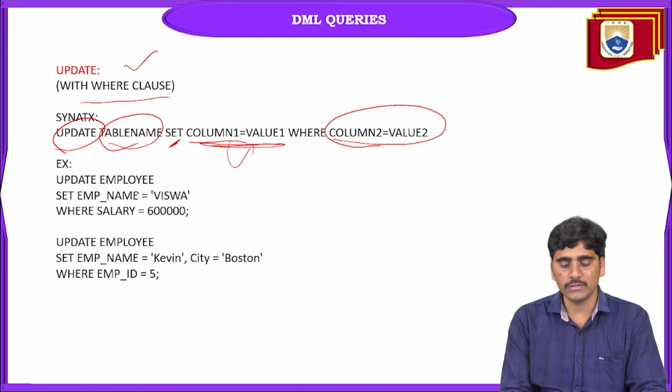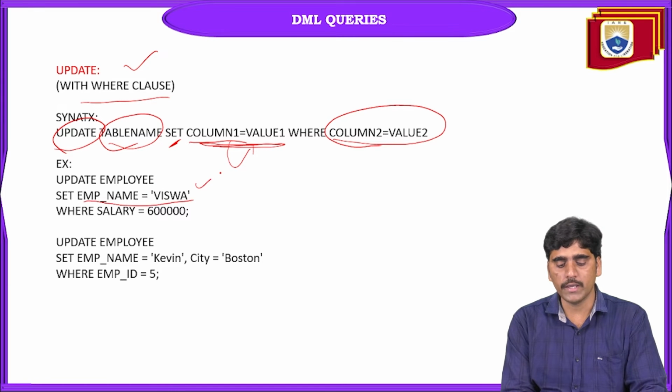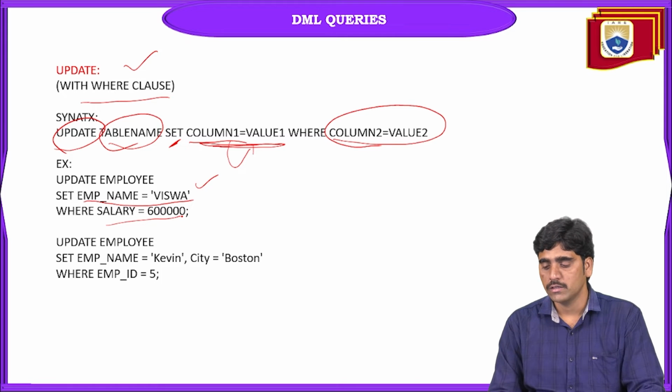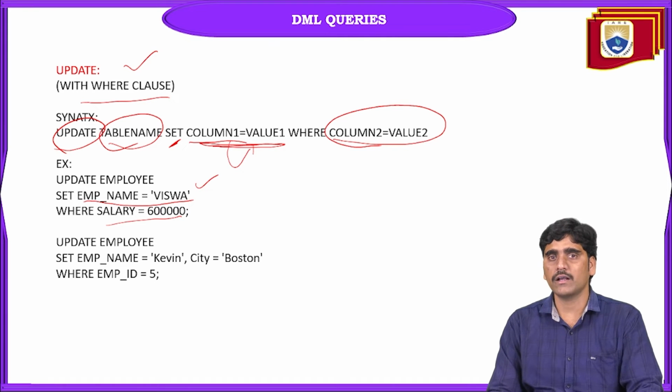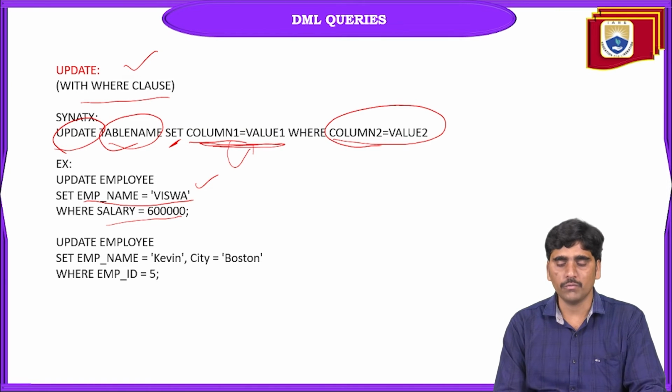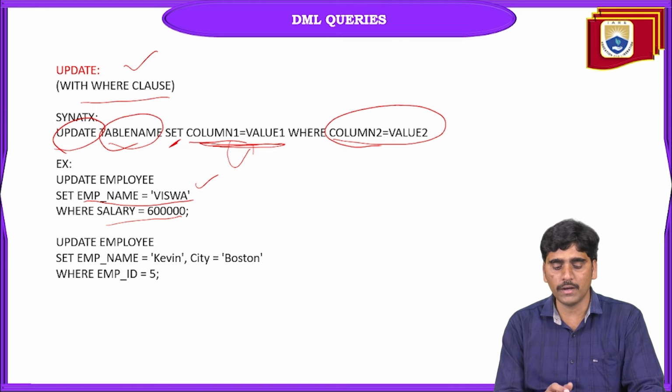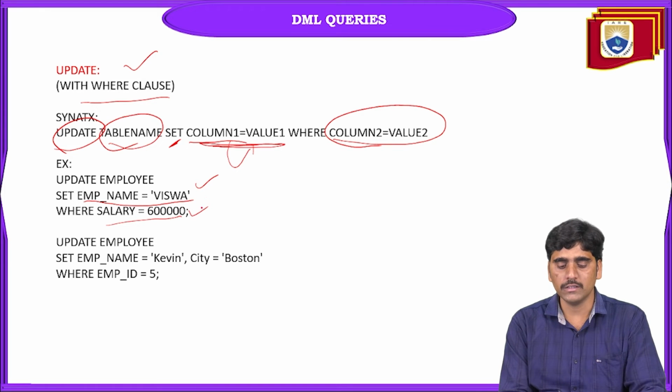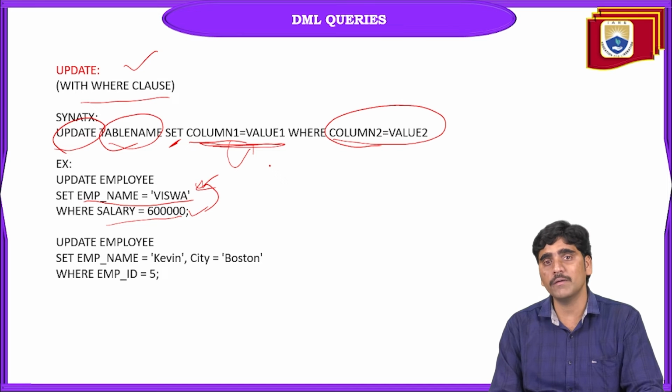Let's see an example. I just want to update the employee name to Vishwa, where salary equals to 6 lakhs. However it contains some name, I just want to update the 6 lakh salary record that belongs to this employee name Vishwa.